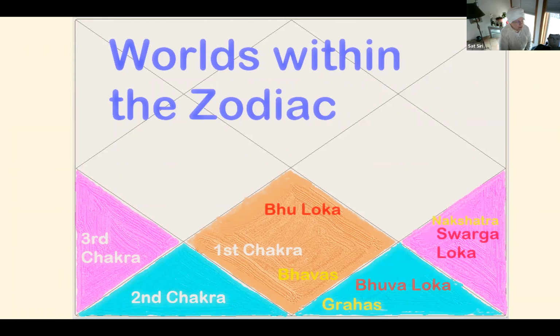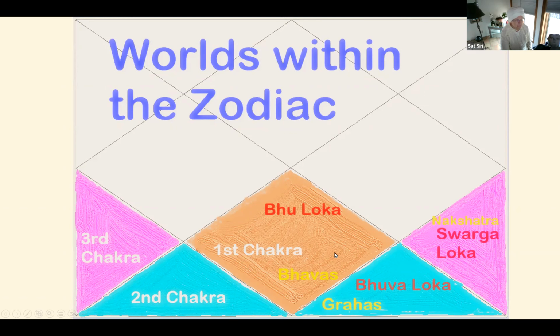Basically, one thing that we learn in the tradition from Pandit Sanjay Rath is that the levels of the horoscope, levels of things we learn in Jyotish, correspond to the chakras and to the 14 lokas or worlds. And we live in the lowest level called Bhuloka, and that maps to the first chakra. And in the horoscope, this is the realm of bhavas.